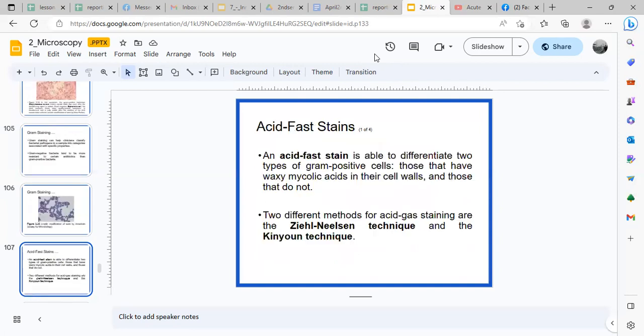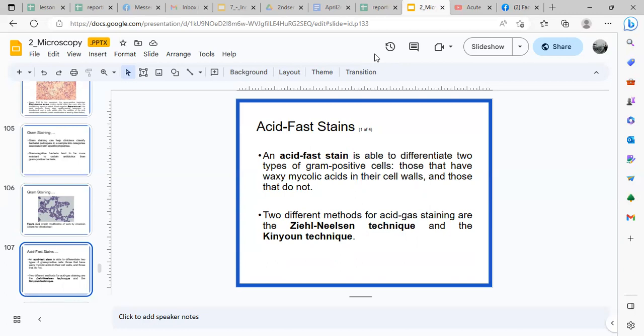Another way is the acid-fast stain. Depending on the organism, because of the presence of some chemicals in their cell walls, some do not absorb the stain.